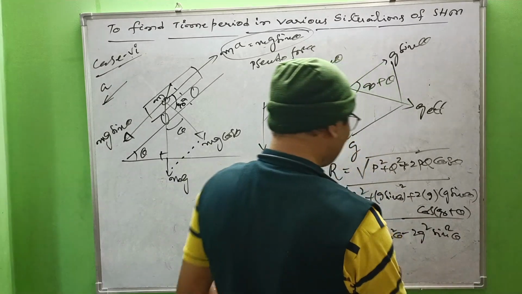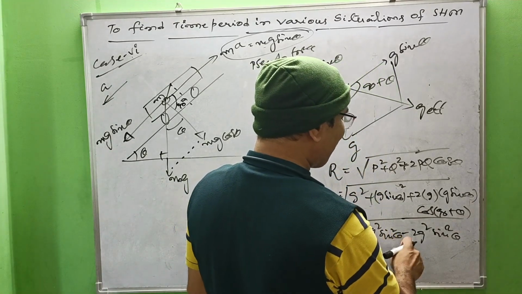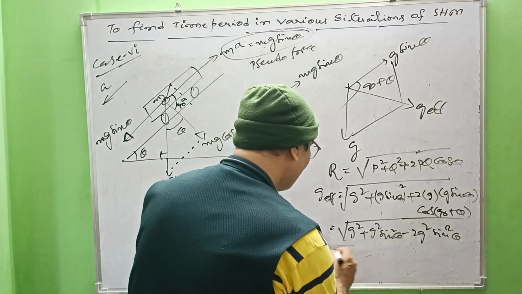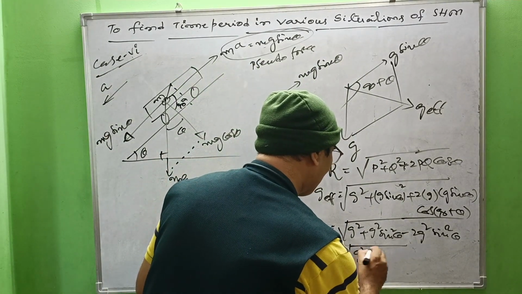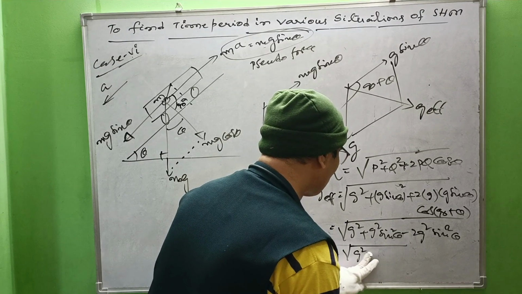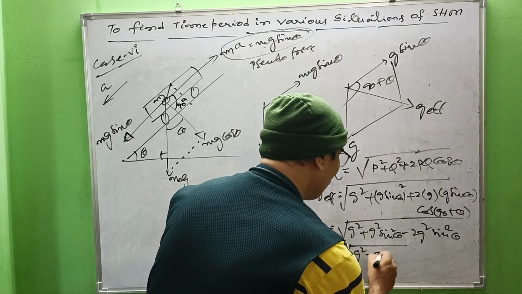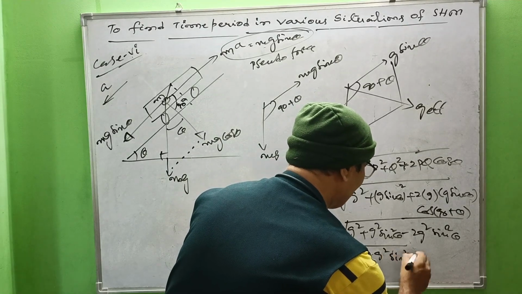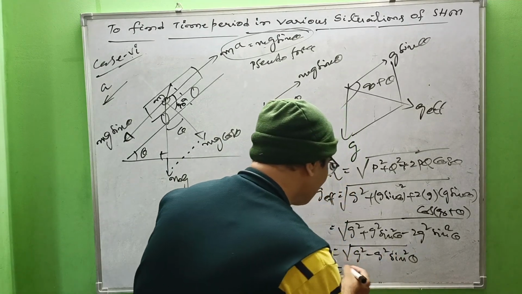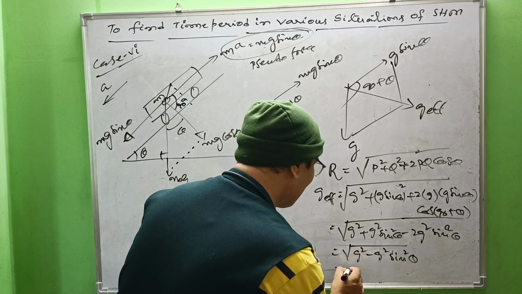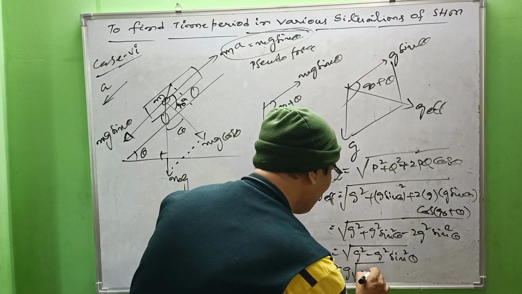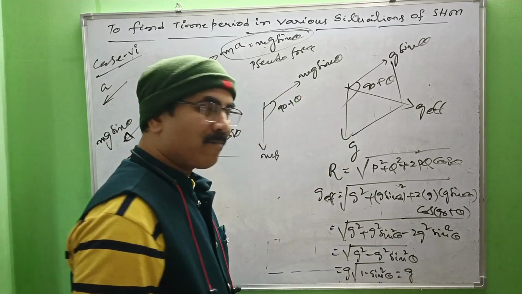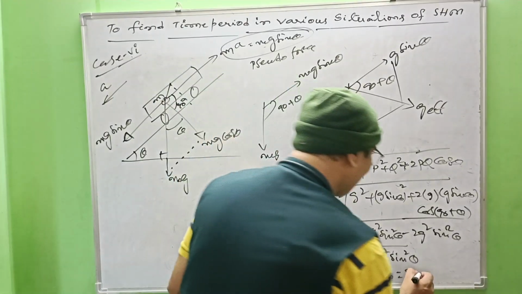That is g square sin square theta minus 2g square sin square theta, that is minus g square sin square theta. So it is root over g square minus g square sin square theta. g square is common and kept outside, it becomes g root over 1 minus sin square theta, that is g into root of 1 minus sin square theta, that is cos theta, so g cos theta.